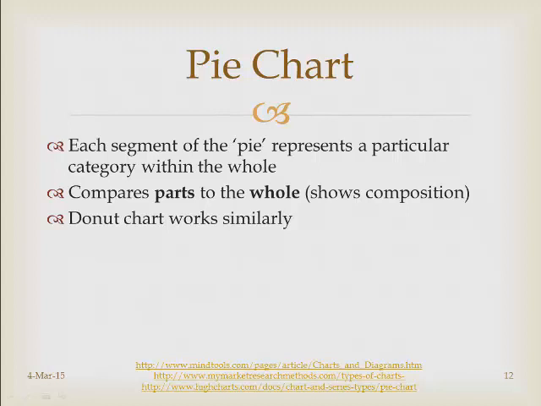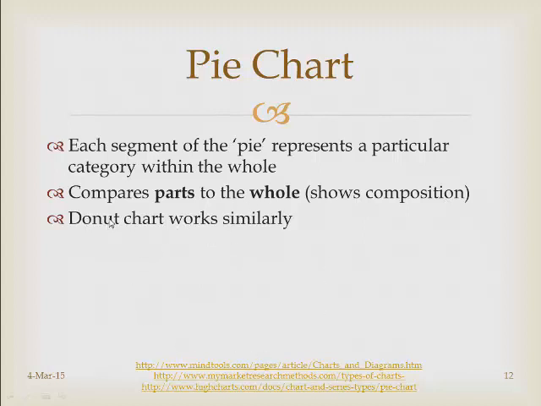Now, pie charts you're very familiar with, I'm sure. Each segment, each sector or each piece of the pie actually represents a particular category within the whole. So you're comparing the different parts against the whole thing. It shows you the composition. It shows you in this category, how does it compare with the entire piece of the pie?